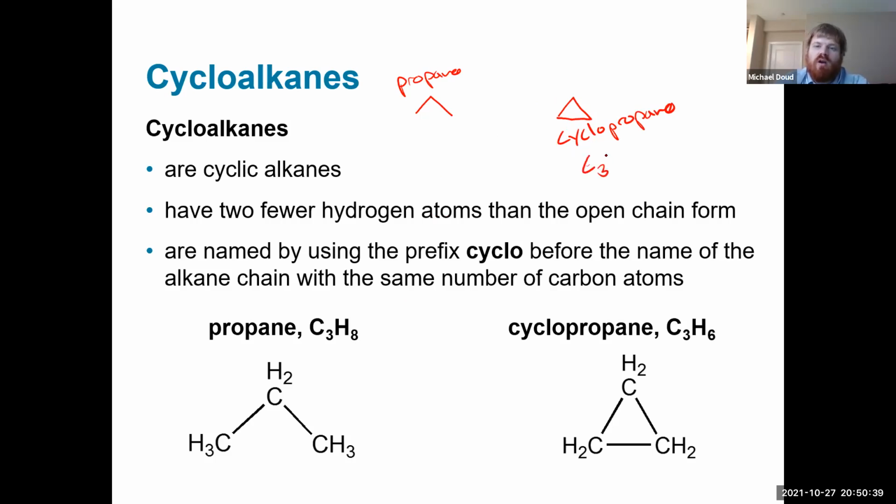Because we have this extra carbon-carbon bond, we actually have 2 fewer hydrogens in cyclopropane compared to propane. Okay, and the way that we name it is we just use the prefix cyclo in front of the name of the alkane. So propane, when it's in the cyclic form, becomes cyclopropane.